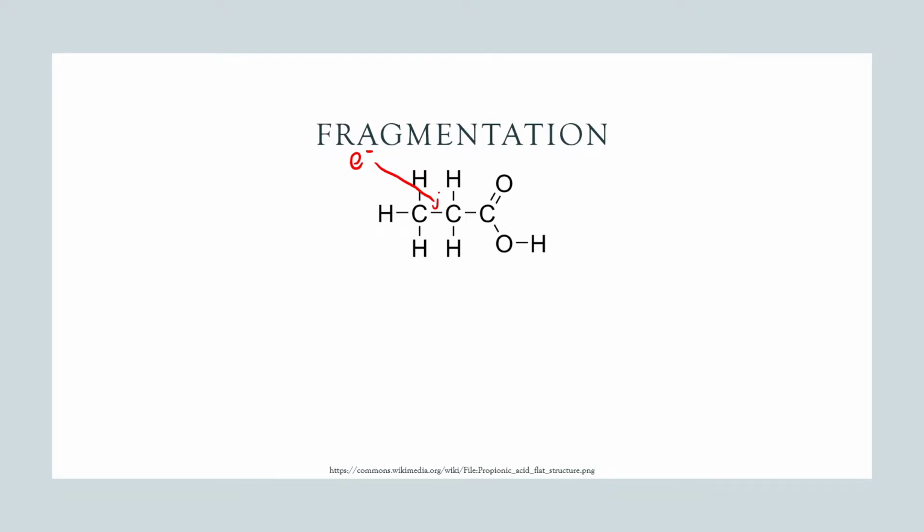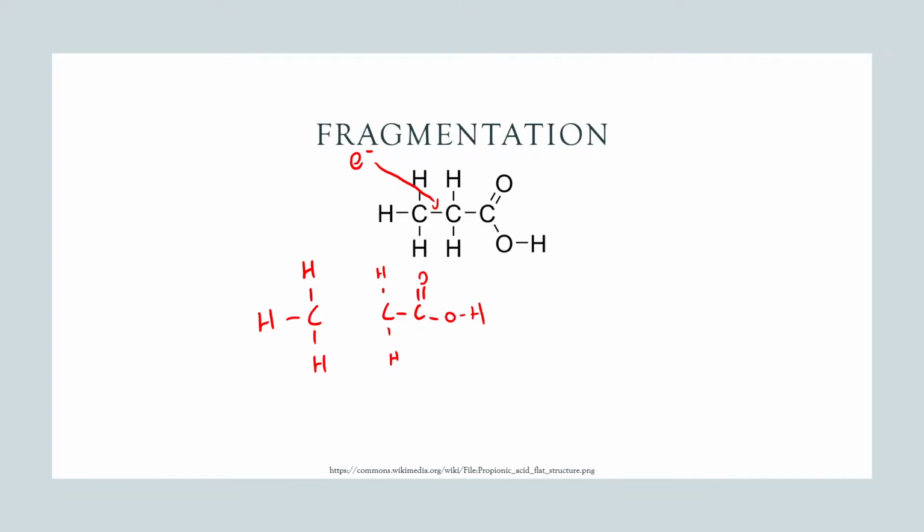It may hit, say, the bond in between these two carbons and cause a fragmentation of the molecule itself. So for example, I might have one fragment with a CH3 group and then the other fragment with the CH2 group on the other side, but that might still be connected to a carboxylic acid group.